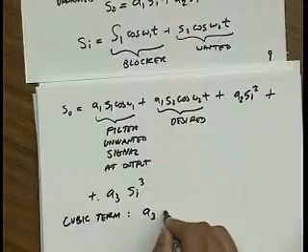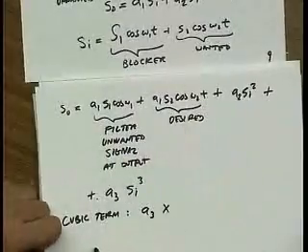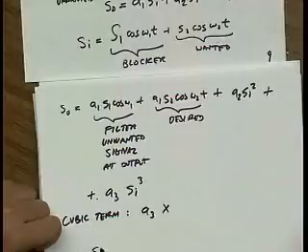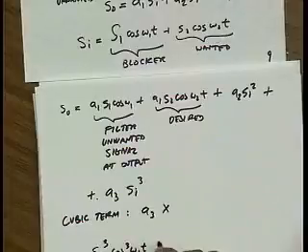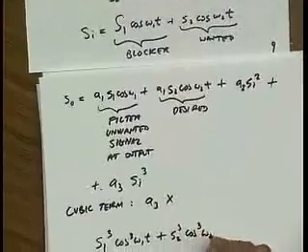So the cubic term is A3 times this cubed. So this is going to give me S1 cubed cosine cubed omega 1t. It's going to give me S2 cubed cosine cubed omega 2t.